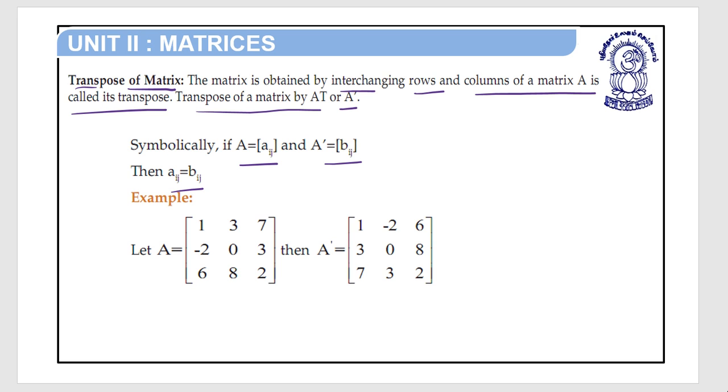Now example: A is equal to [1 3 7; 2 -2 0 3; 6 8 2]. So the transpose A dash is equal to 1, -2, 6.